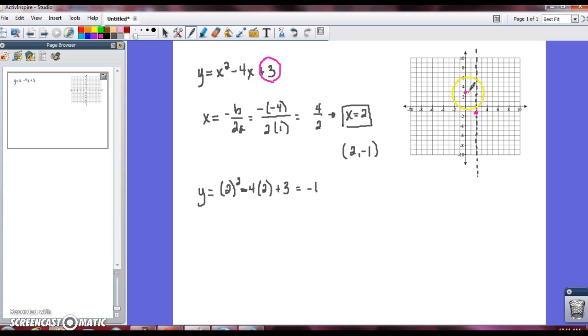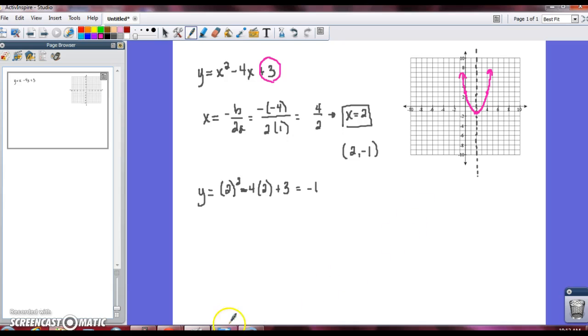And that's only 2 points, but what I do know is that that y-intercept is 2 units away from my axis of symmetry, which means I also have a point 2 units away on the other side of my axis of symmetry. And that right there allows us to go ahead and graph our parabola. And you'll see when we graph it, we end up with something that looks like this. And that's what your graph would look like.